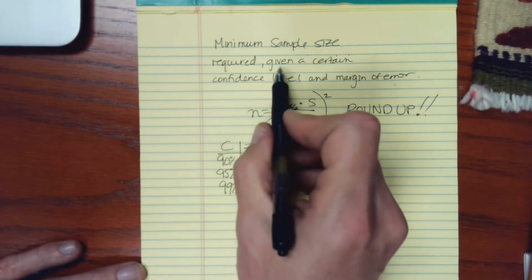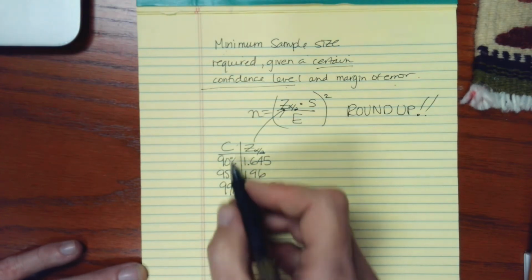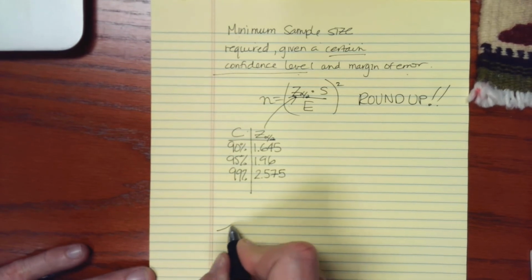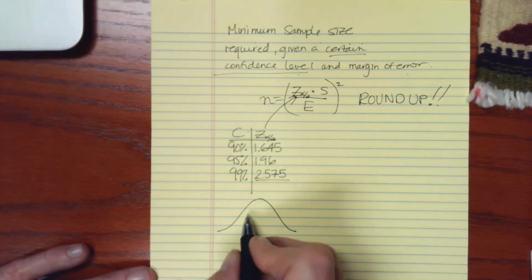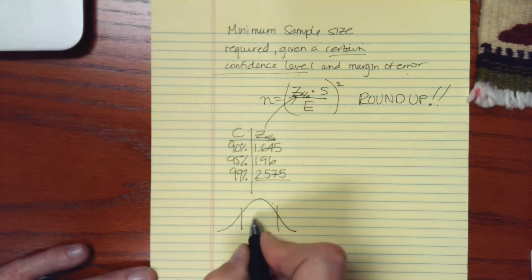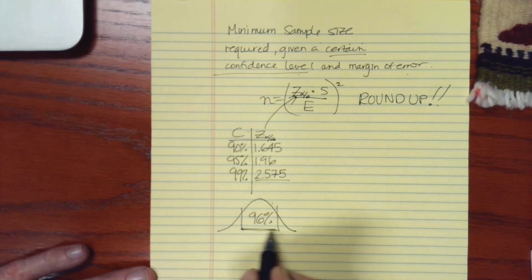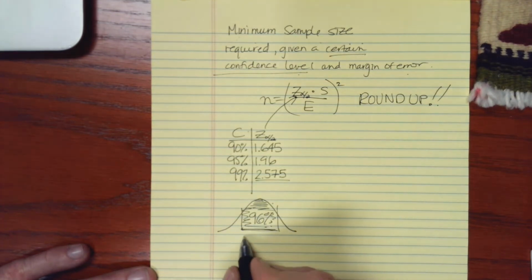So when I'm saying you have a certain confidence level in mind, if it was a level of confidence that's not listed here, remember, for instance, let's say you wanted to find this value for maybe a 96%. Remember that that confidence level is the area that's in the middle of the standard normal curve. So if you take 1 minus that confidence level, we get alpha.